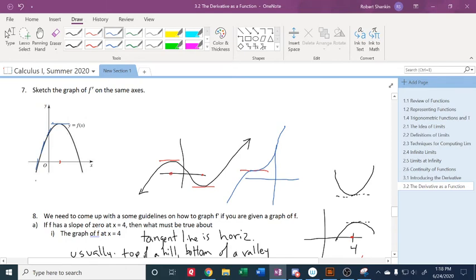All right, but what's happening to the left of this is the slopes are all positive, but they are getting less and less positive, and finally they get to a slope of 0.